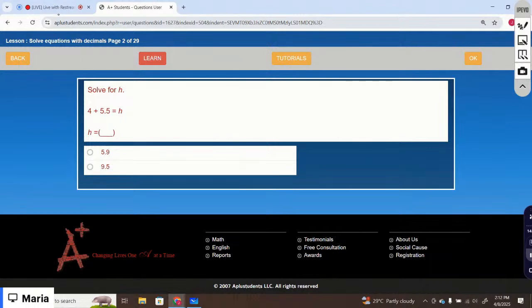Solve for h. h equals 4 plus 5.5. So you just have to add, that is 9.5.